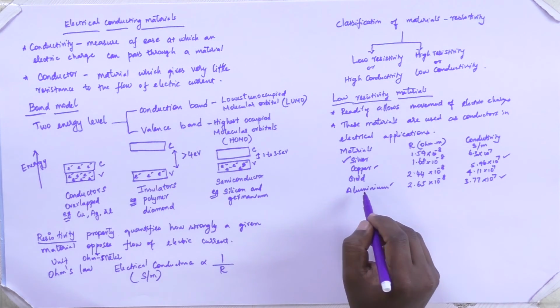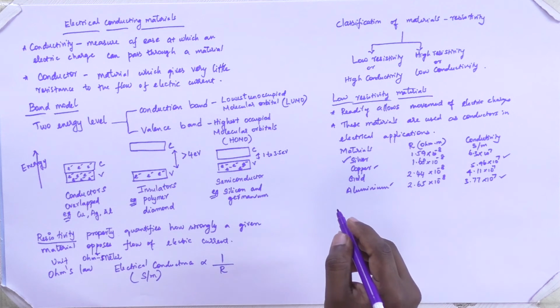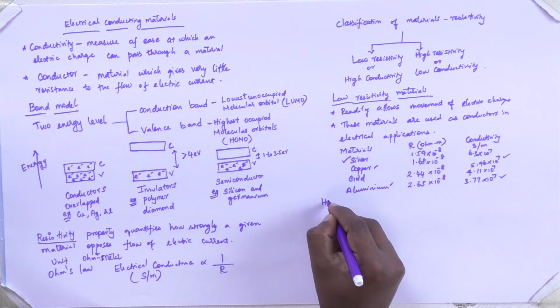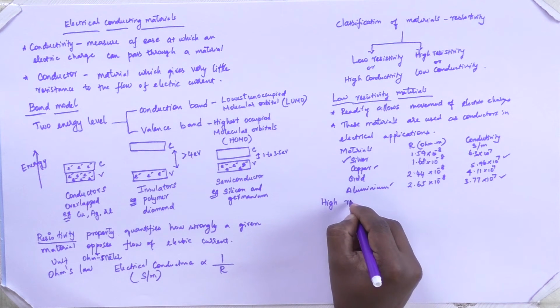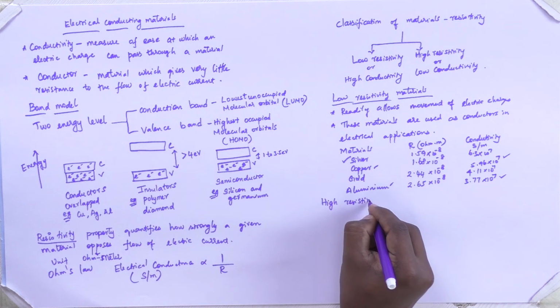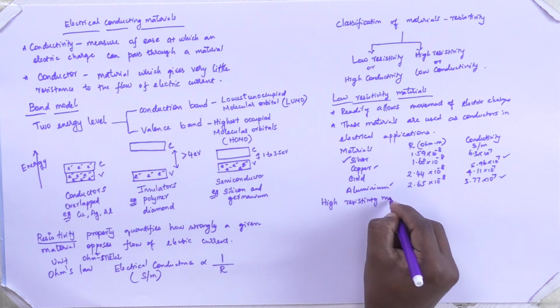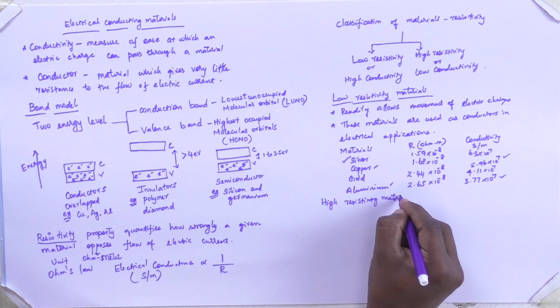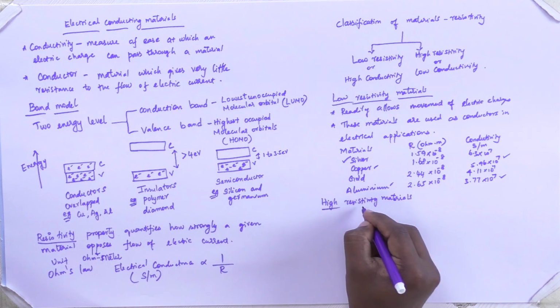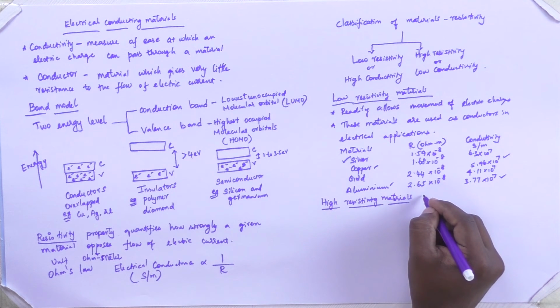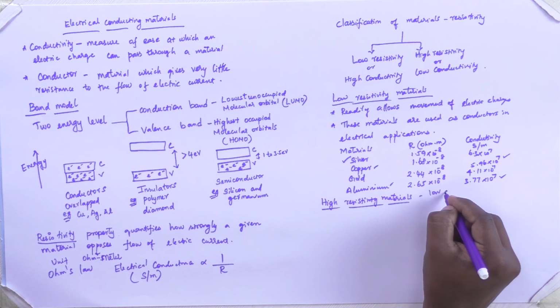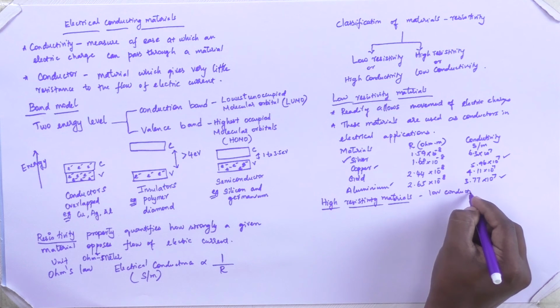making electrical connections. Next we will discuss high resistivity materials, which is otherwise called low conductive material.